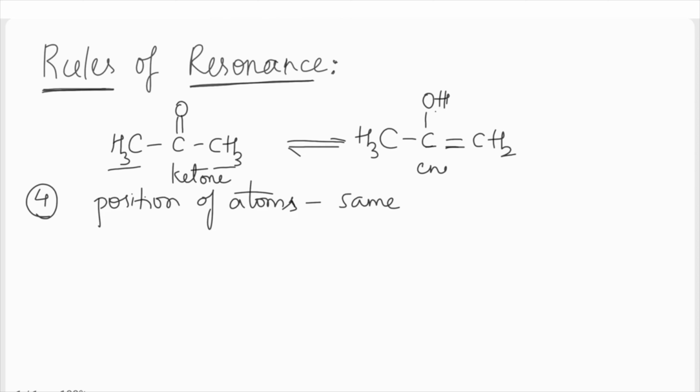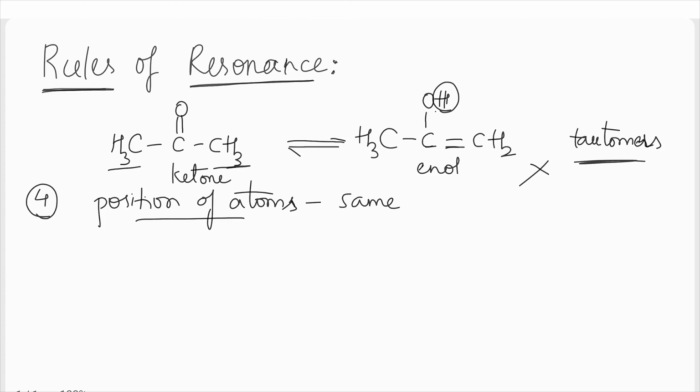This is the enol form. The position of hydrogen here is with oxygen, and now here it is with carbon. Since the position of hydrogen is changing, these two are not considered resonance structures. They are considered to be tautomers, but not resonance forms.